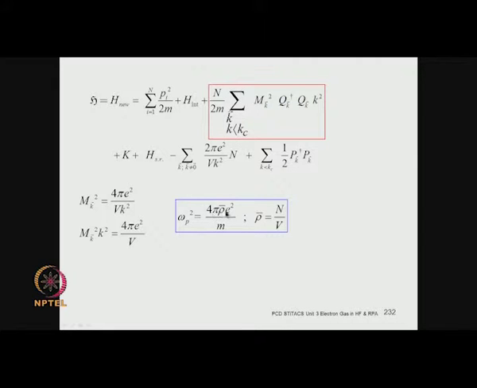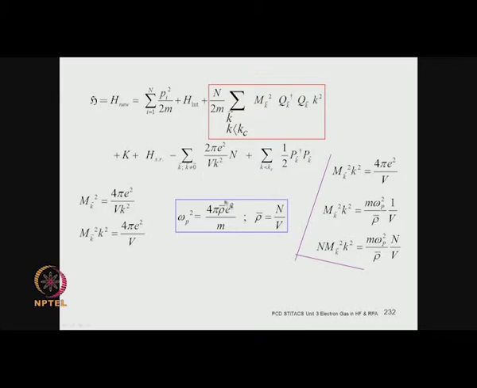So, 4 pi rho bar e square by m gives you the square of the plasma frequency. So, n over V, which gives you the average static charge density, is here, this is n, and the 1 over V is in mk square. So, mk square k square is 4 pi e square by V, and that is what we have used. This gives you the plasma frequency.